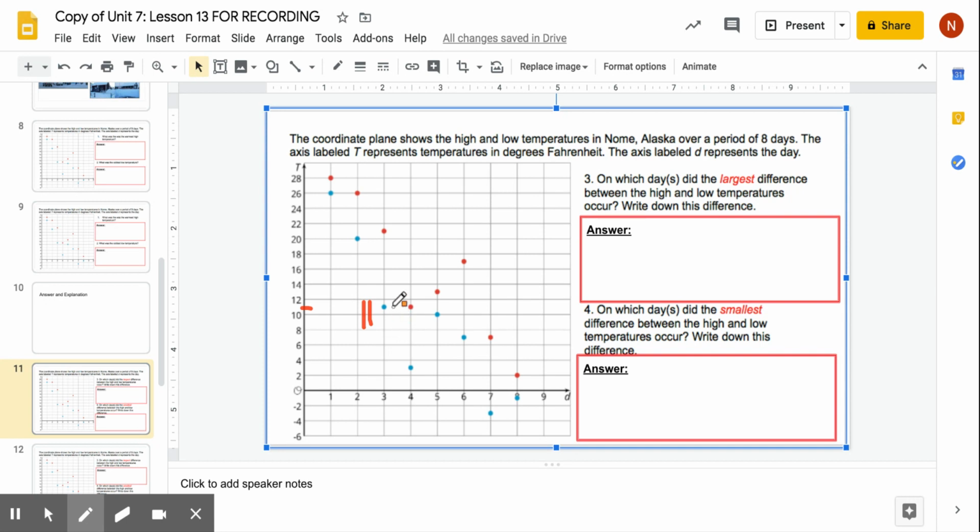Now I'm going to look at my high temperature, which is over here in between 20 and 22, and that is 21. Oops, I think I made that too big.